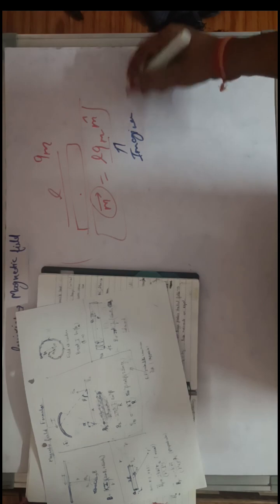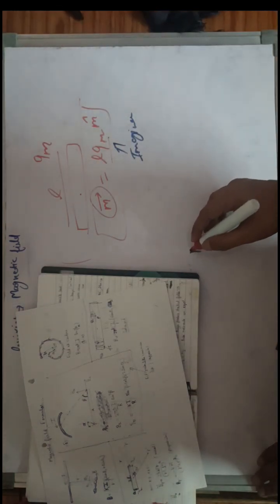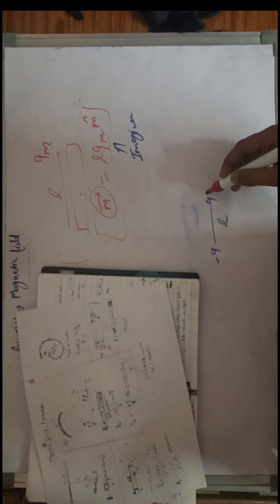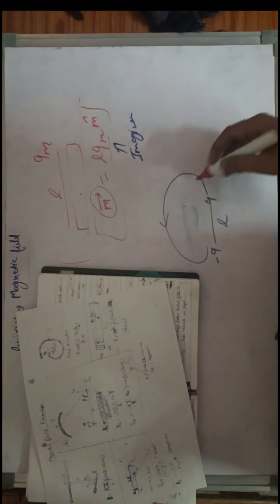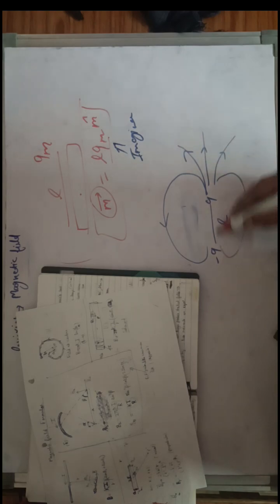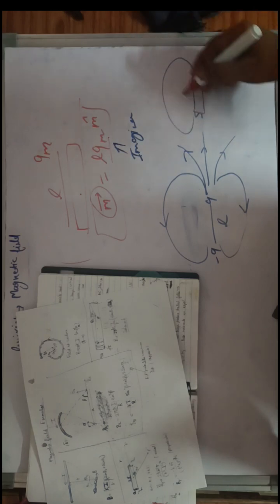This is imaginary. It is just used to tell, let's say, in case of an electric dipole, there is a minus q charge here and q charge here separated by distance L. This produces some field like this. And in case of a magnet, let's say this is north and this is south, then it also produces a field like this.